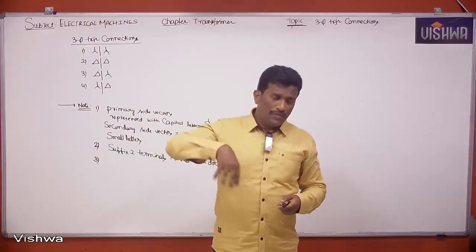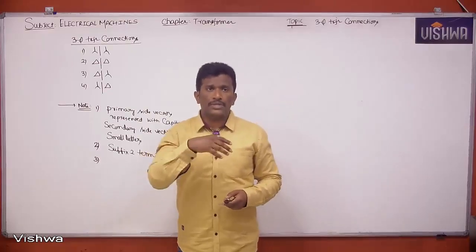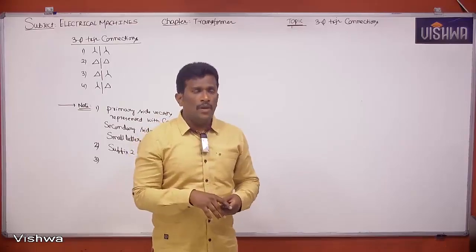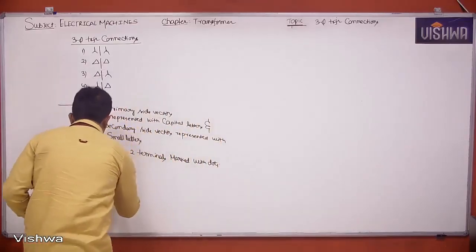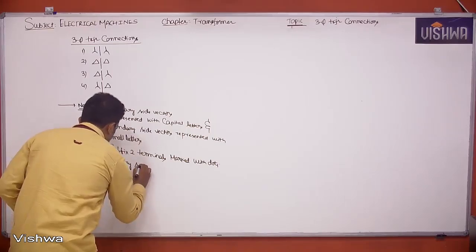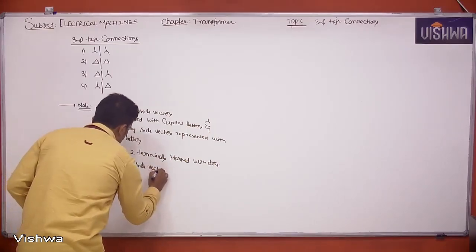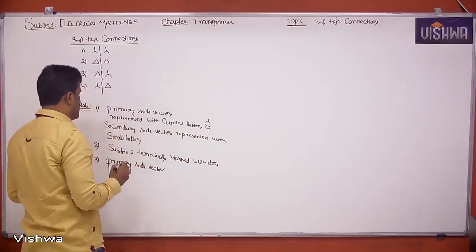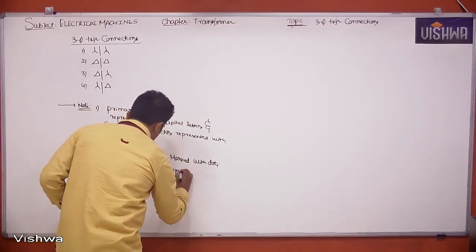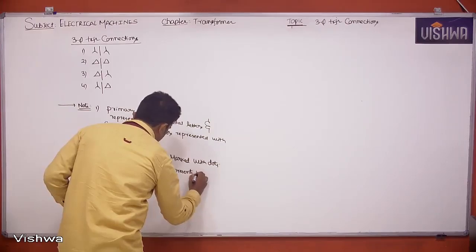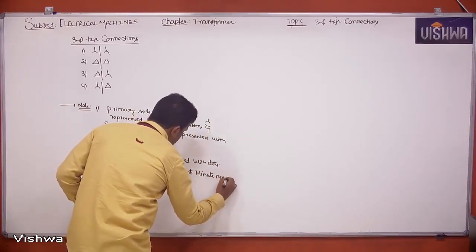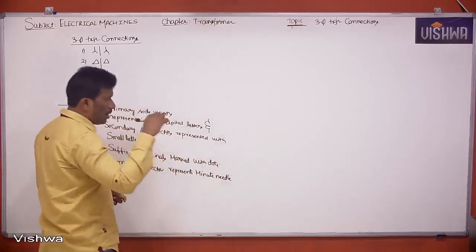So if you want to compare the secondary line voltage with the primary line voltage in a clock, we take the primary side vector as the minute needle, or I can say the long needle in our clock.